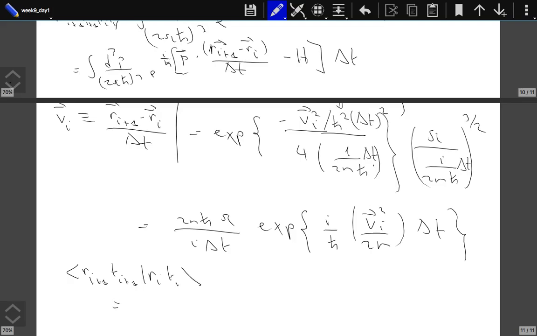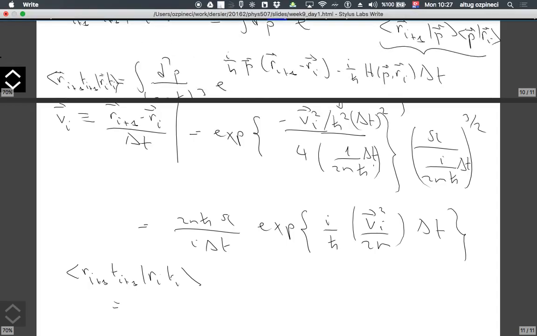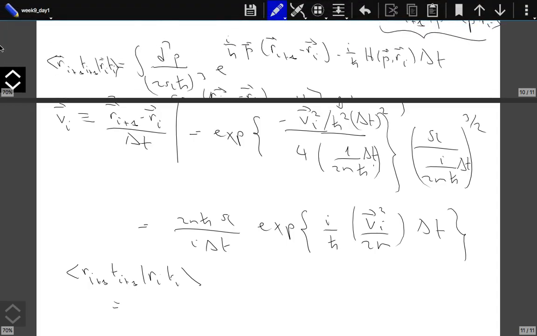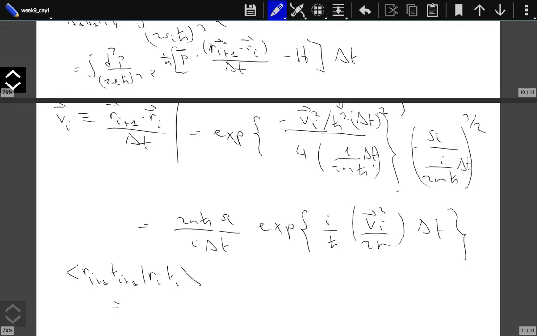Again, this matrix element now just becomes, if you look at the above part, I already evaluated the p integral, and with some prefactor, which I will not write down, exponential of i over h bar delta t, v_i squared over 2m.